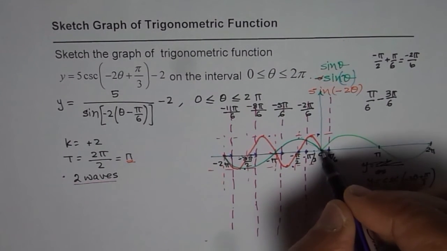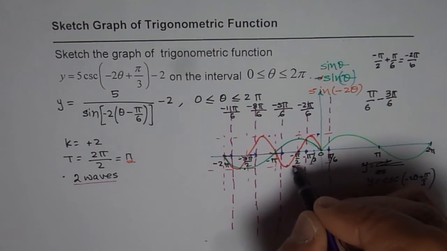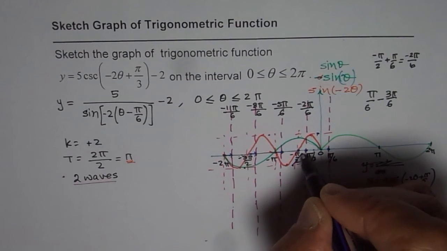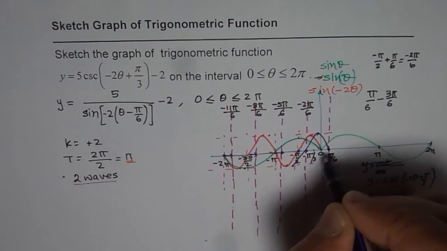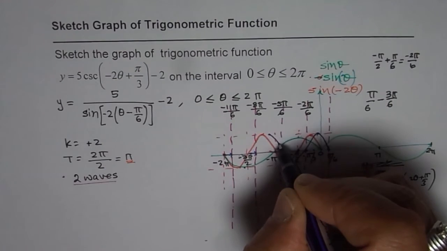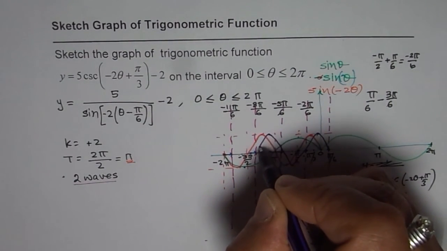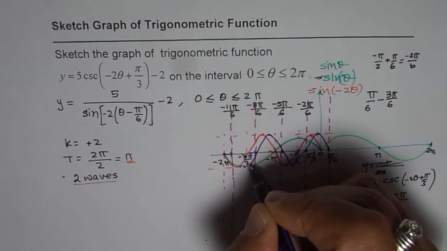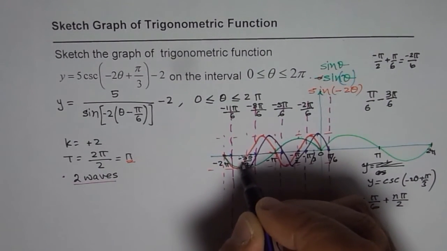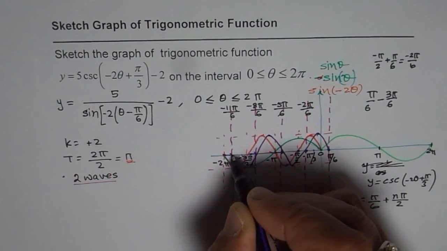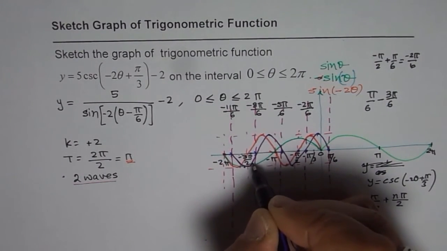Okay, so let me first sketch the final sine wave in this case, right? So the final sine wave will be kind of like this. Okay, so we'll just do like this, and this is our final sine wave. And this ends here, right?